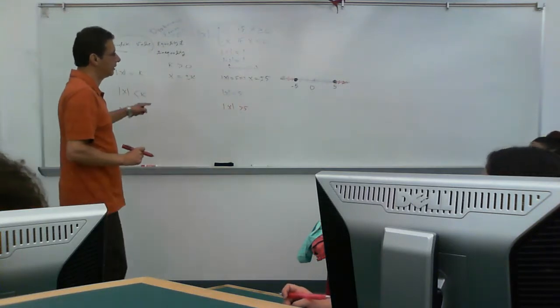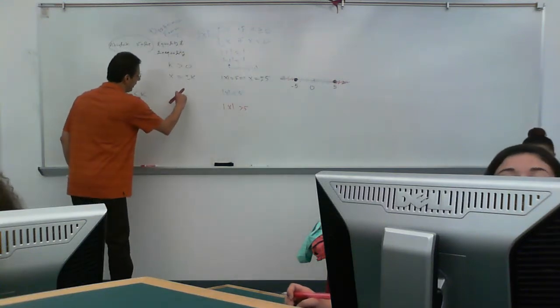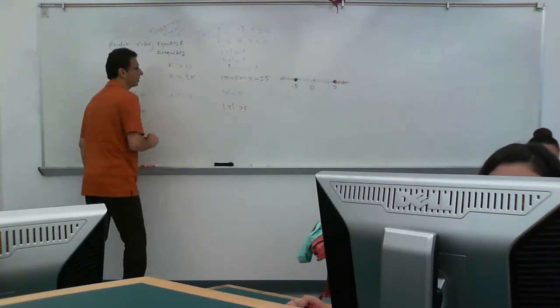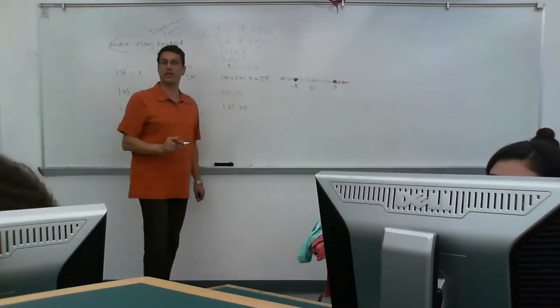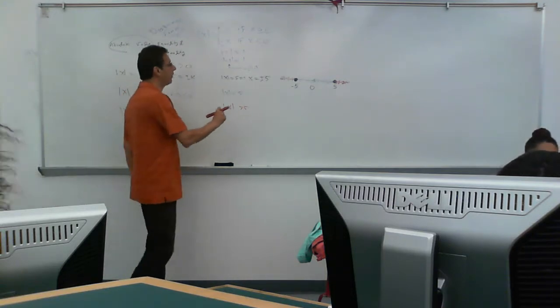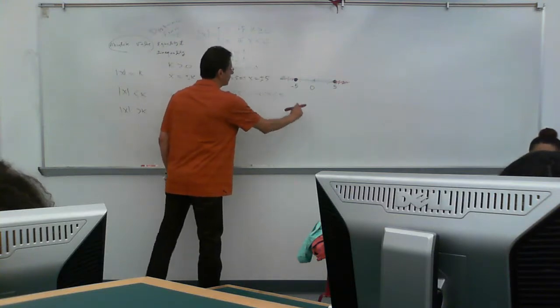Now, in the case of the blue one, we write x is between negative k and positive k, or for a specific example, absolute value of x less than 5, x is between negative 5 and positive 5.